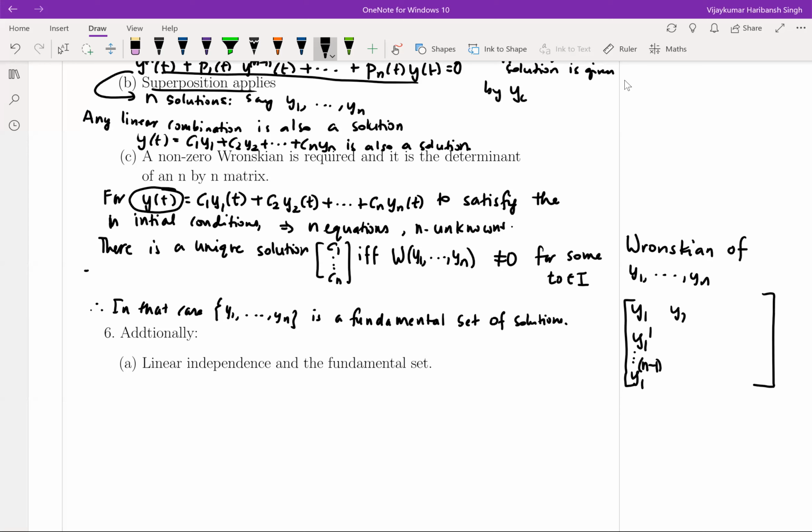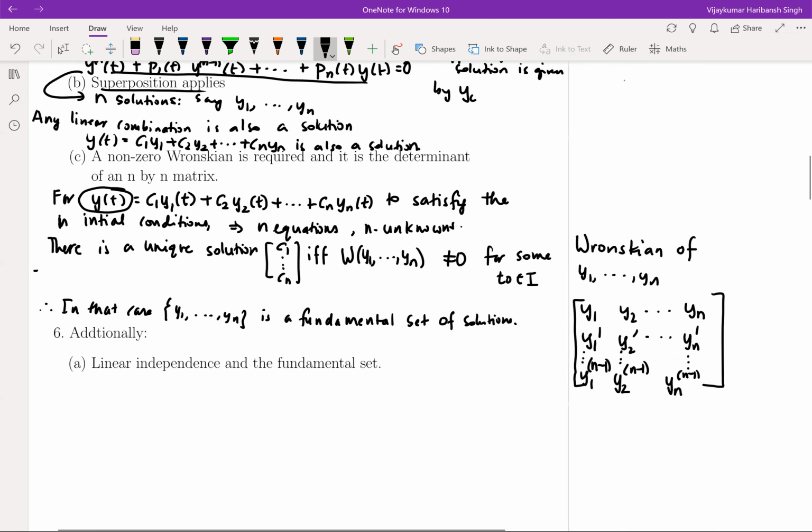Similarly, y2, y2 prime, up to the n minus one derivative of y2. Then you have yn, yn prime, up to the n minus one derivative of yn. This is your Wronskian.